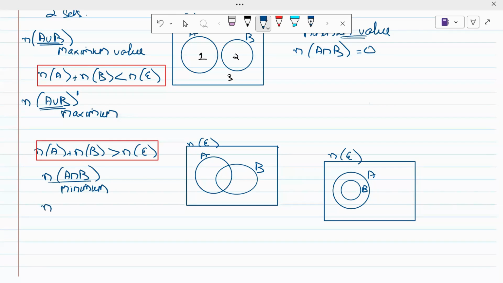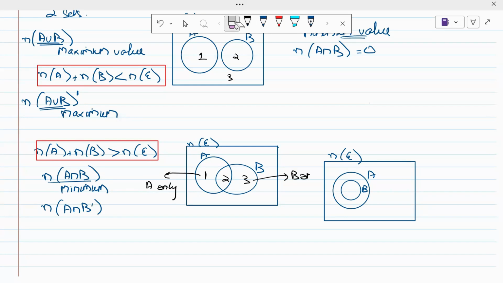N of A intersection B complement. In this case, these are region 1 and region 3. Since the intersection is minimum, that means A only and B only.